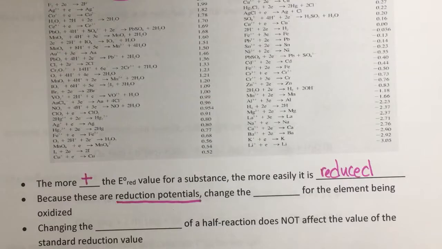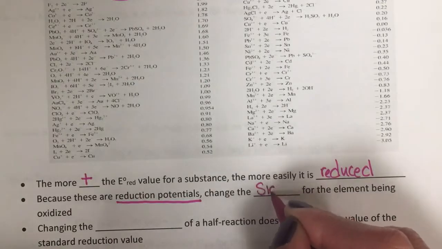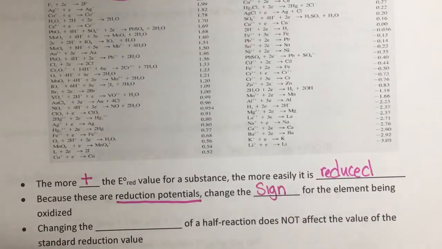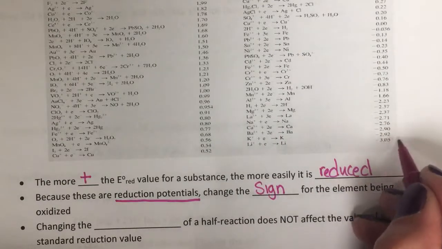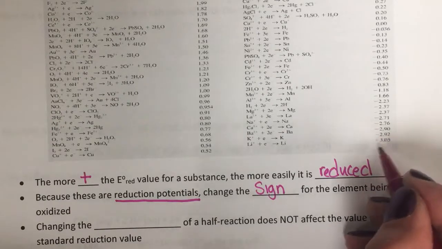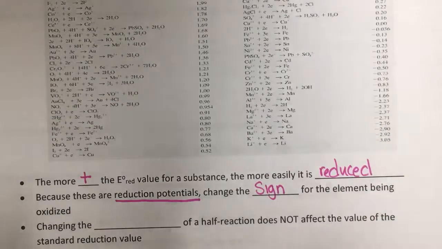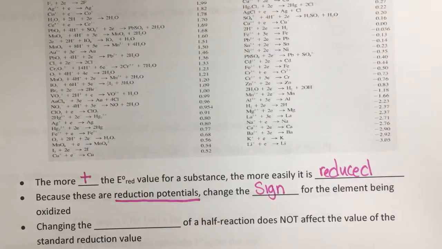If I want to figure out how much energy is produced if it's oxidized, I need to change the sign. So in order for lithium to be reduced, it would have to absorb 3.05 volts. If lithium is oxidized, it will lose 3.05 volts.